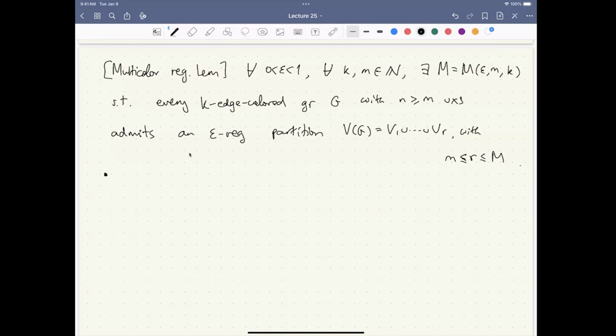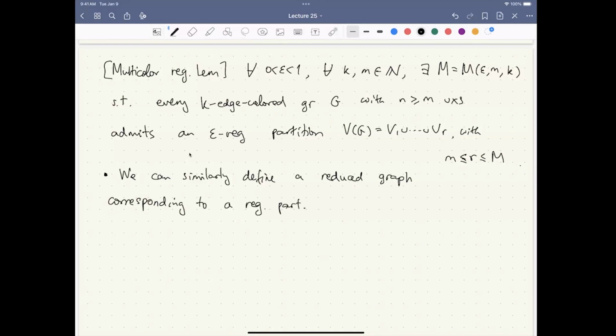We can similarly define a reduced graph corresponding to a regular partition, with the only difference being this.